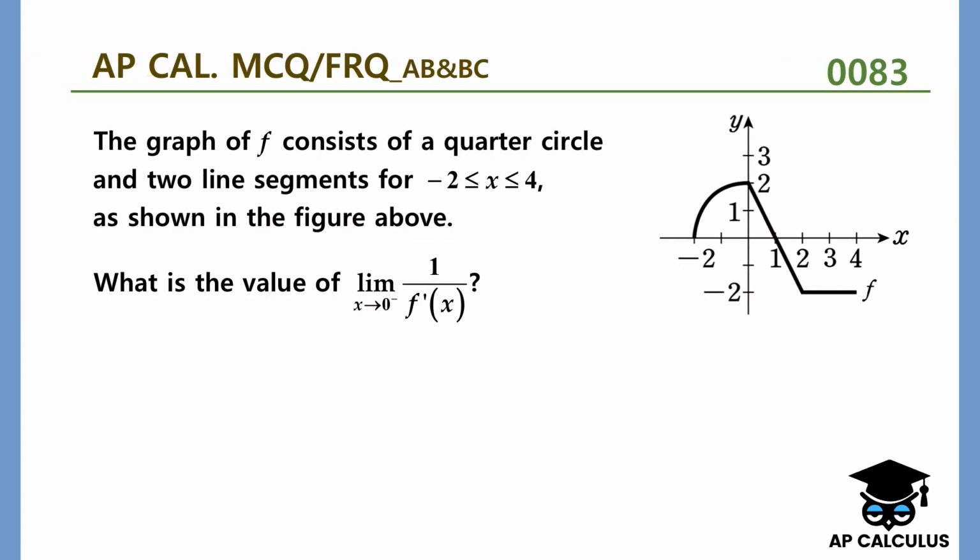Question 83. What is the value of the limit as x approaches 0 from the left hand side of 1 over f prime x? Okay, as x approaches 0 from the left hand side, what happens to the slope?